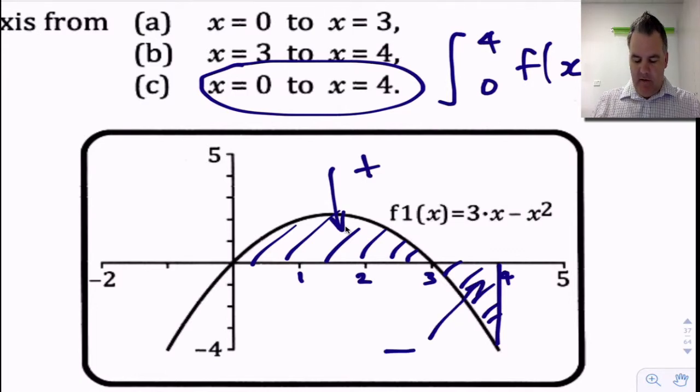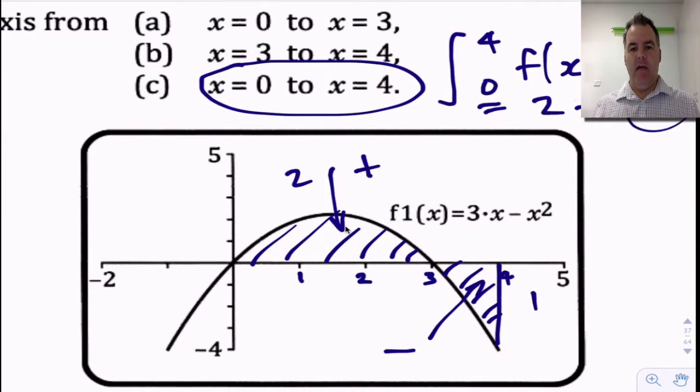Let's say this area was 2 and this area was 1. This calculation would say 2 minus 1 and tell us the area was 1. The total area is clearly 3: 2 above, 1 below, total 3. But we'll get the wrong answer if we just plug it into our calculator like that.